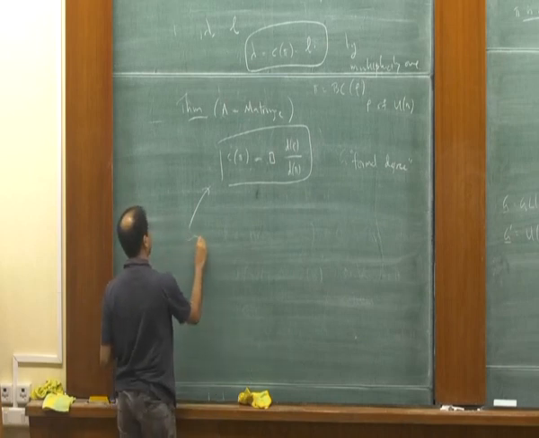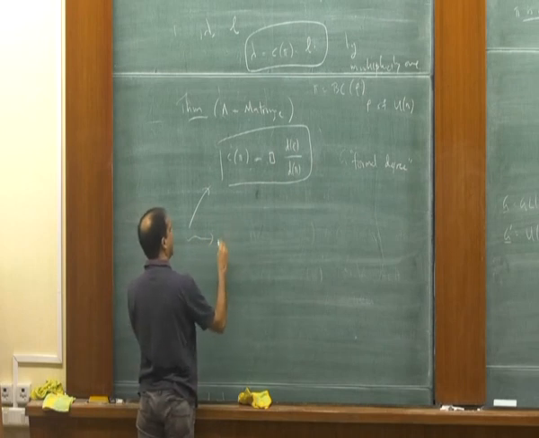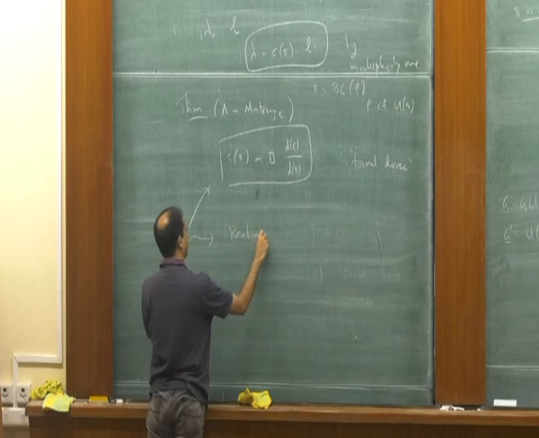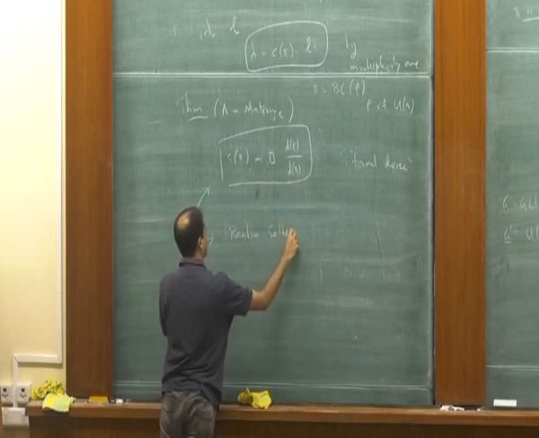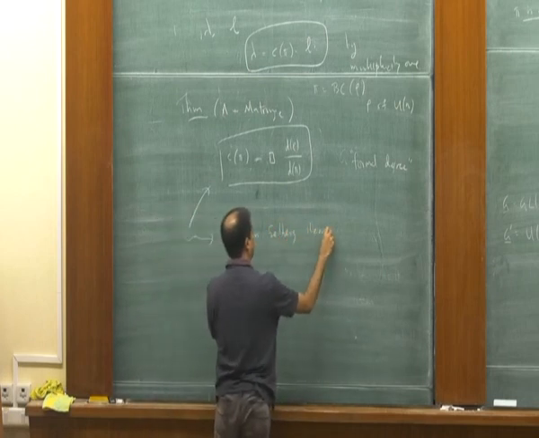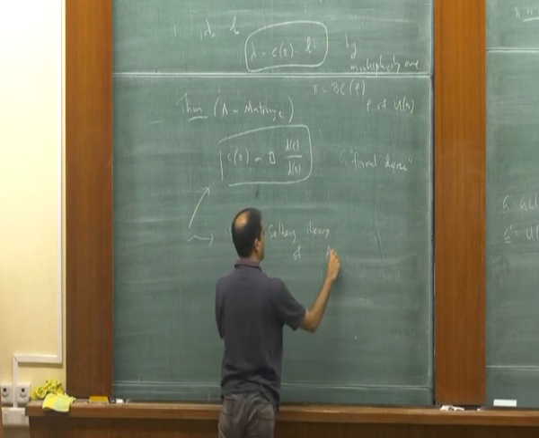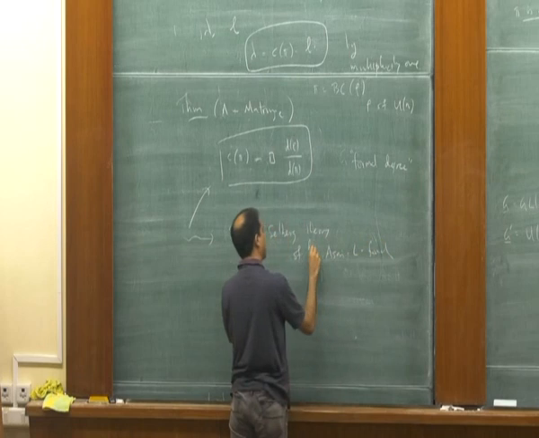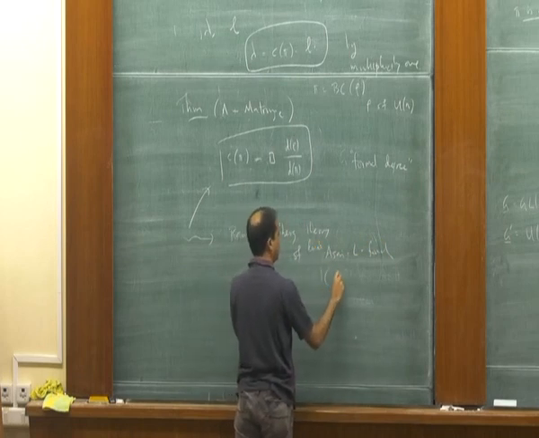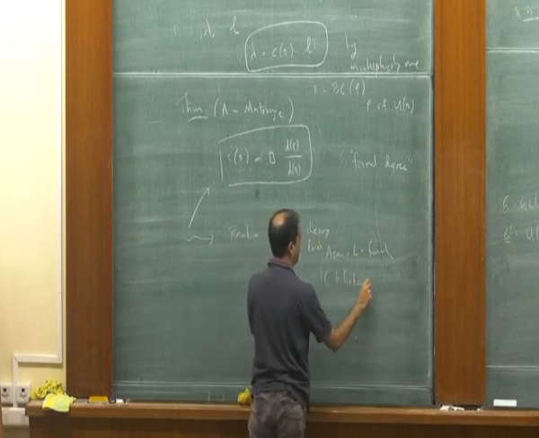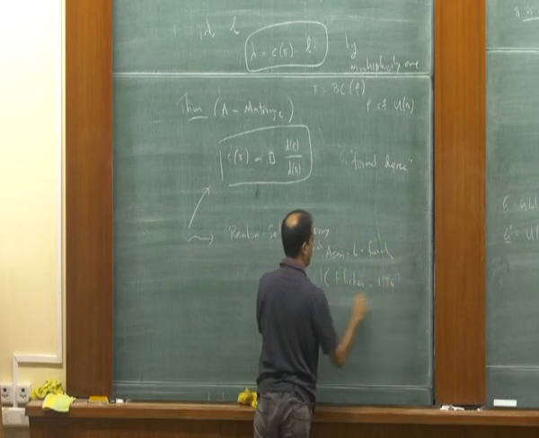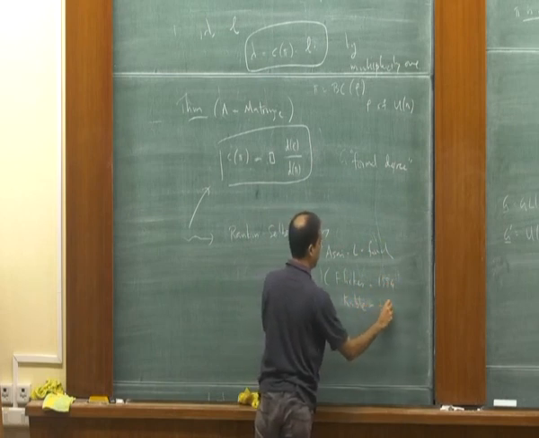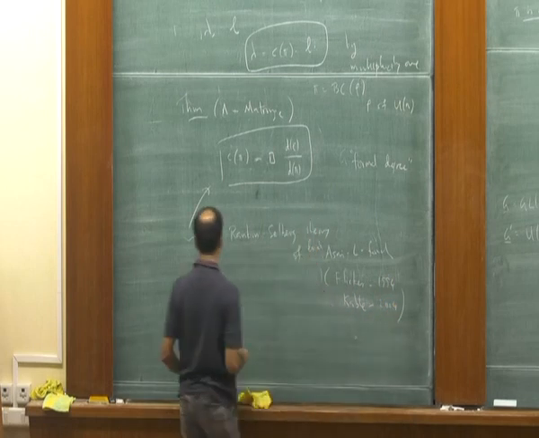So the ingredients: the first ingredient is the Rankin-Selberg theory of the Asai L-function, the local Asai L-function. This is due to Flicker, mid-90s, maybe 94, and also Kable in a much more modern way, 2004. So this is the first ingredient.